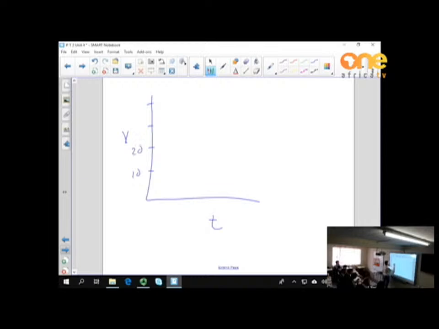So the velocity axis is 10, 20, 30, 40, and the time interval is in seconds: 1, 2, 3, 4, 5, 6, etc. Uniform acceleration from 10 to 20 meters per second in 4 seconds. Why did my graph not start down at the 0 point? Well, they told us that it starts at 10 meters per second.